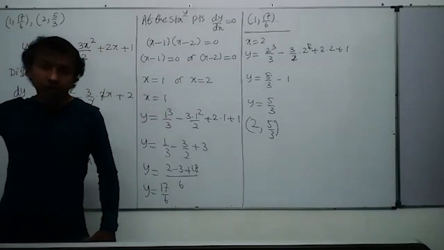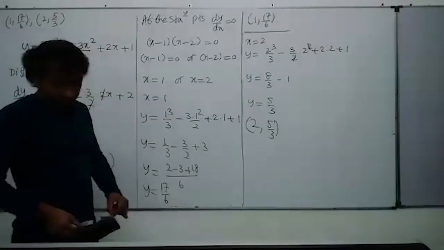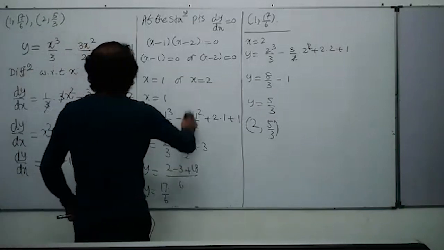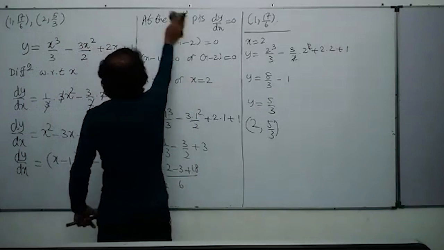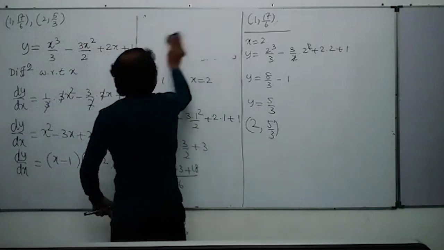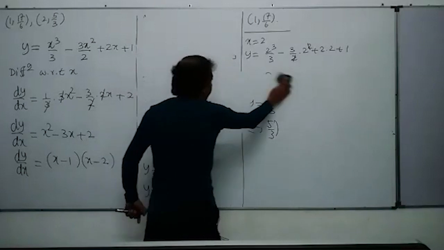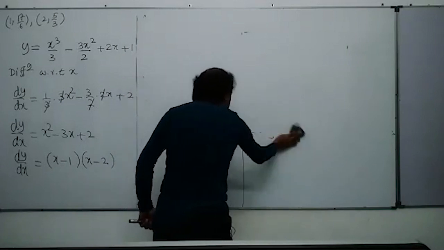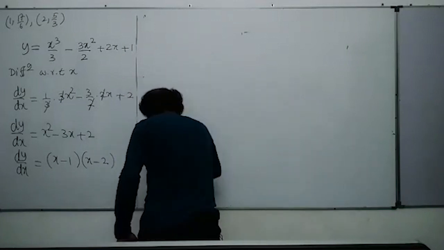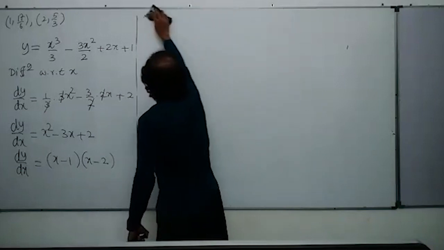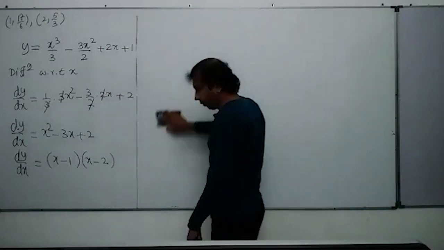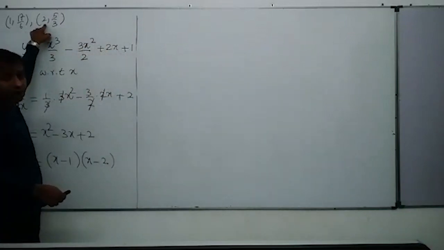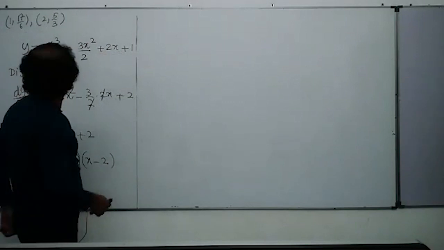This way you have to, of course, follow even in the examination. For that table, you get marks, right? Then this is the table, people. Then I erase this. Okay. Now we have the x values at which dy by dx is 0 as 1 and 2, people.